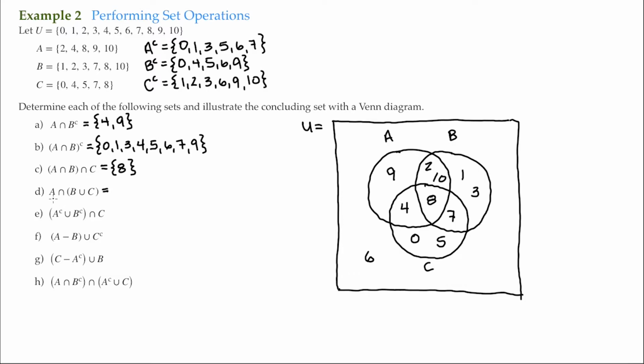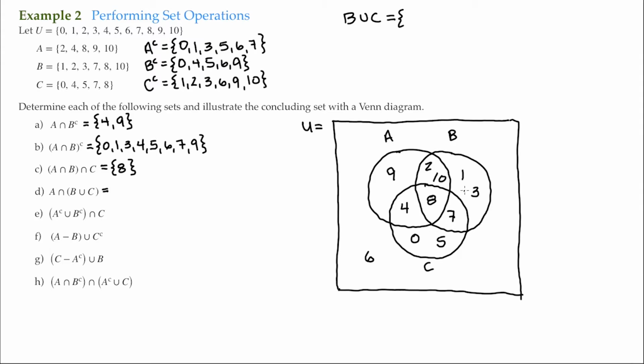We have A intersects B union C. So we kind of maintain the order of operations. We're going to do what's inside the parentheses first. So B union C, I'll write that up here. That's all the elements in B and C. Again, we could either go through here in looking at the set elements here, or we can go ahead and look at the Venn diagram.